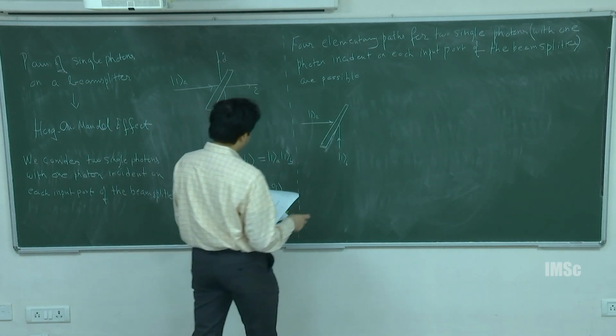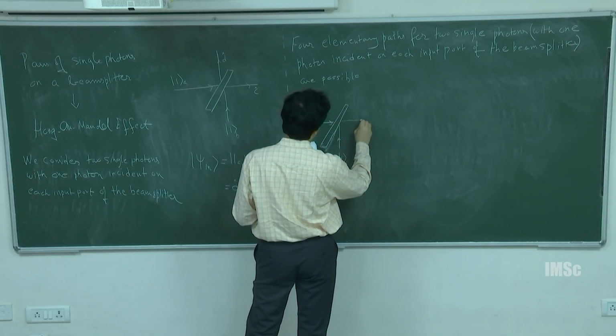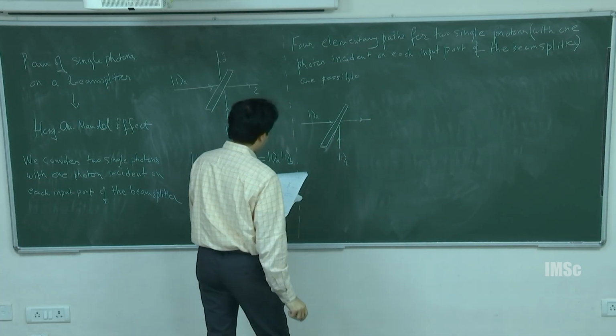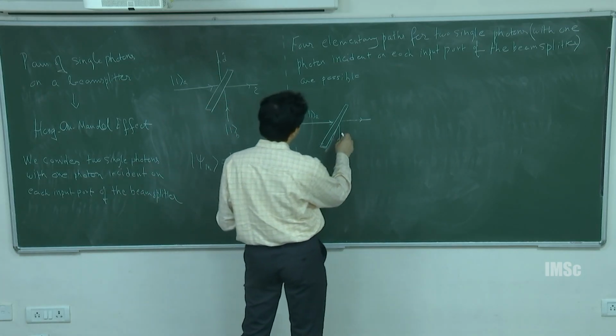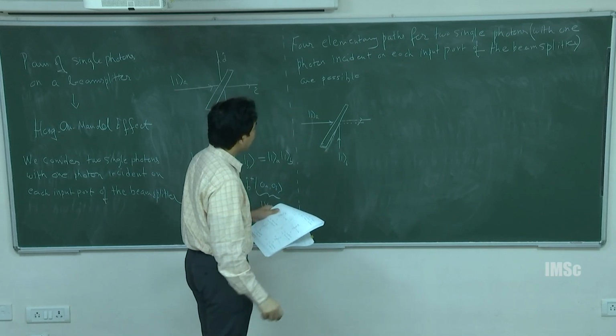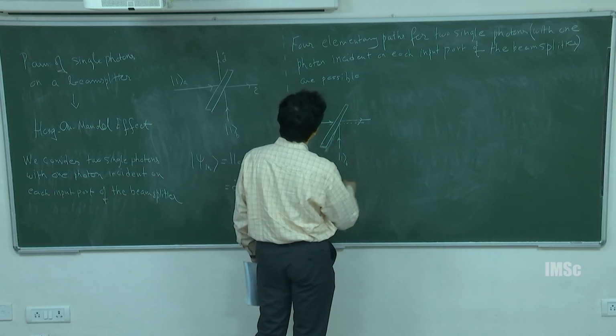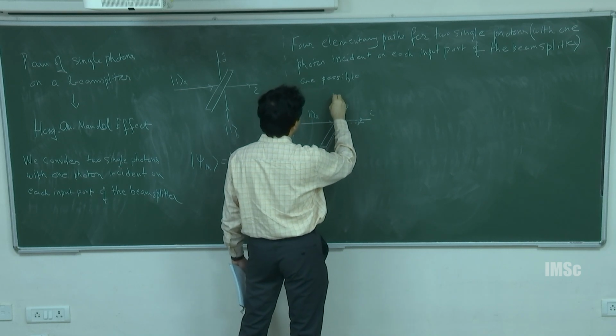The first one is that one can get transmitted. This photon from mode A gets transmitted, and this one gets reflected. Correct? So which means this is mode C and this is mode D.